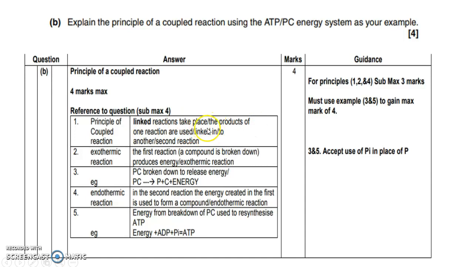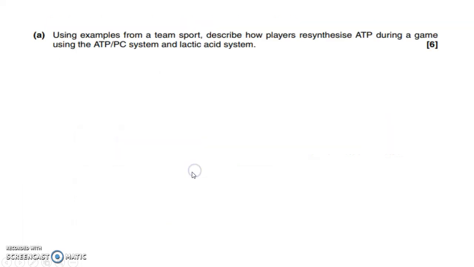I want you to make sure you use energy from reaction 1 is used in reaction 2, and then you do the process of PC breakdown as an exothermic reaction, P plus C plus E, and then you look at the E plus P plus ADP as an endothermic reaction. You must make sure you give examples to show you understand 1, the breakdown of PC in coupled reaction 1, 2, the resynthesis of ATP using the E plus P plus ADP in reaction 2. So that's one question you get.